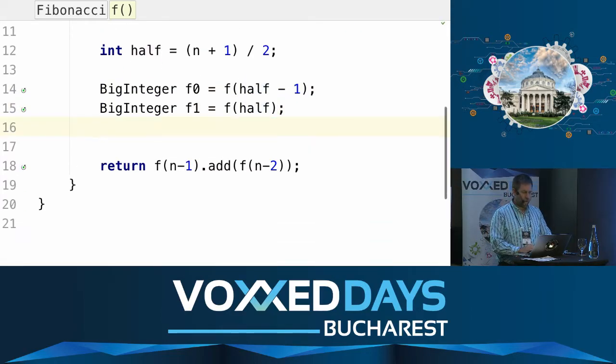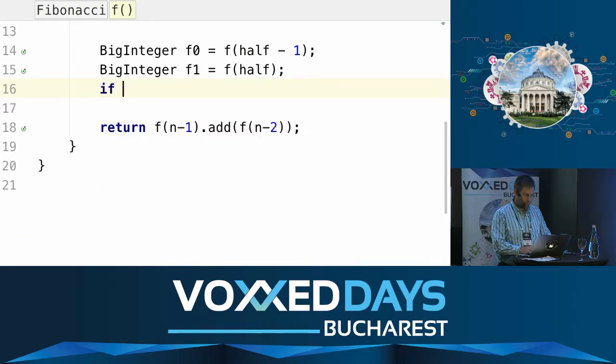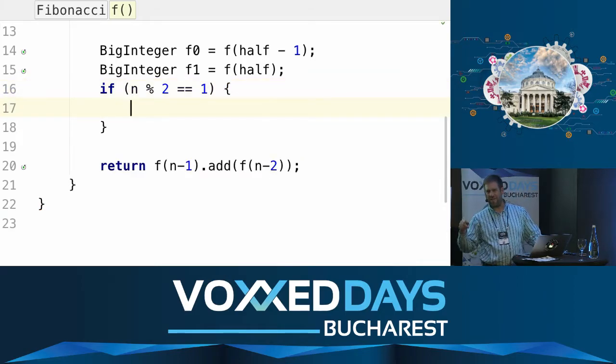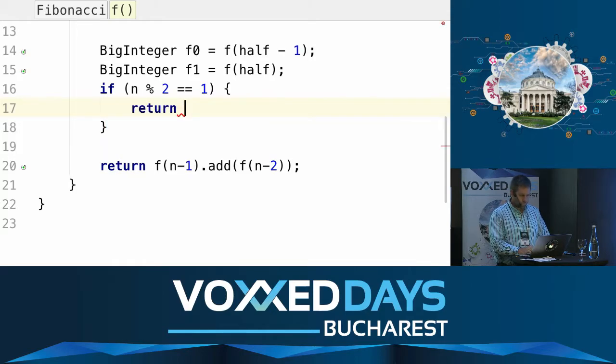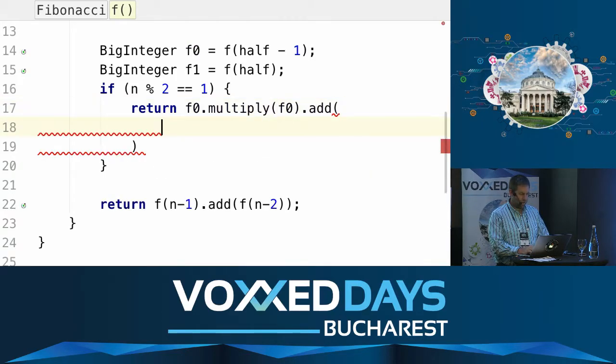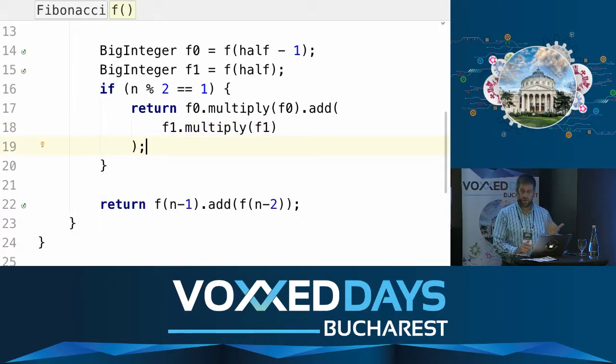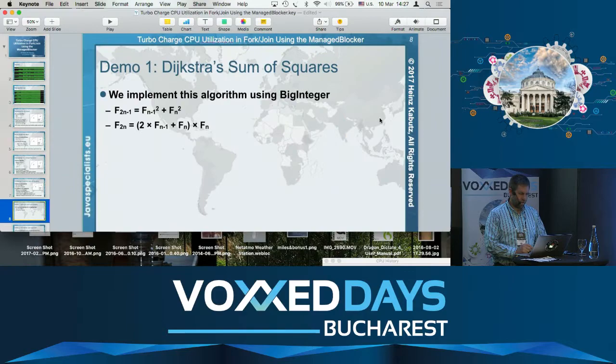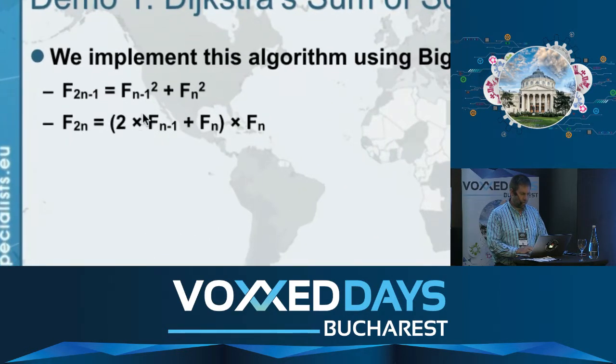And then if n is odd, so we say if n % 2 is 1, now we could use bit masking, but the compiler will actually do that optimization for us. So we don't have to worry about that optimization. If n % 2 equals 1, we're going to return f0.multiply(f0), so we're going to square f0, and we're going to add f1.multiply(f1) to that. That's if it's odd. And if you look back at the slides, you can see that it's the same calculation over here.